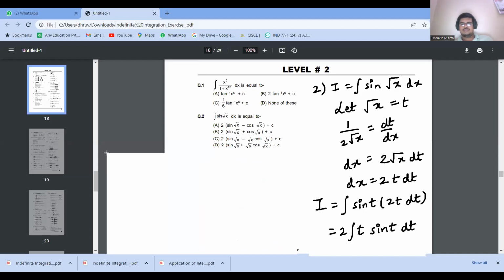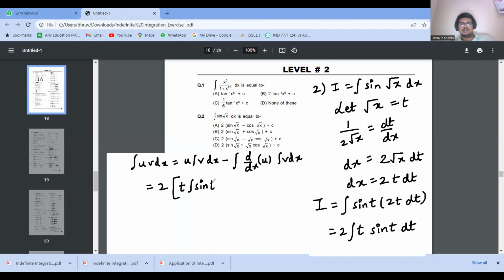What were you saying, Arush? Integration UV is U integration V minus integration of derivative of U integration of V. So this is going to be 2 outside, t outside, integration sin t, minus integration of derivative of t, integration sin t dt.